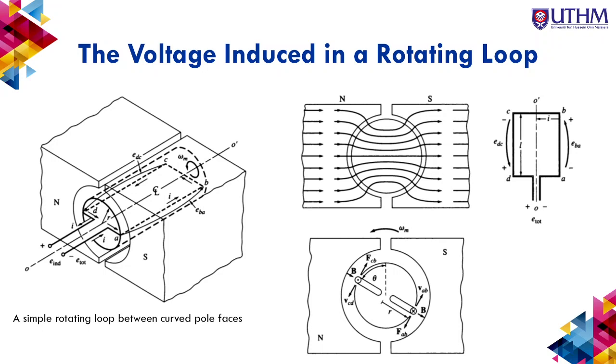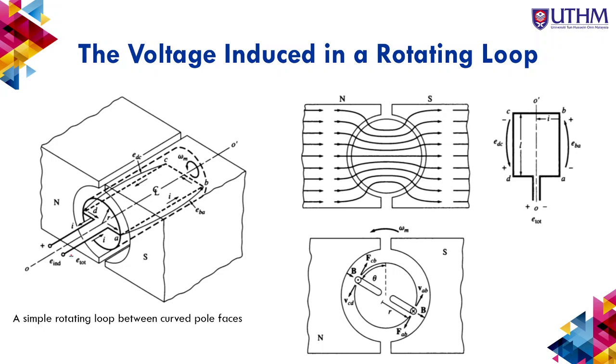So how is the voltage induced in a rotating loop? For example, we take a single coil over here.